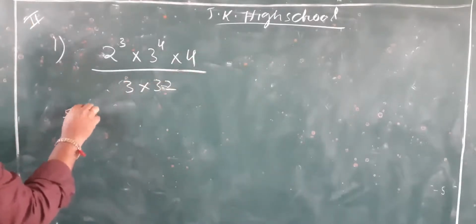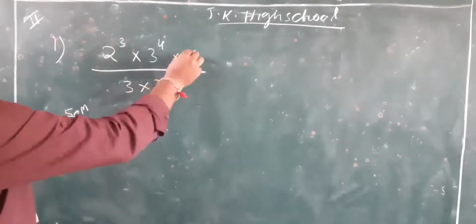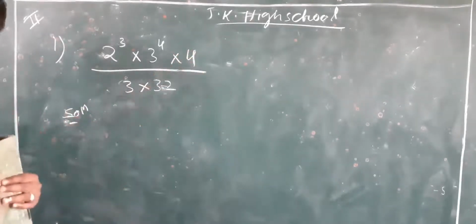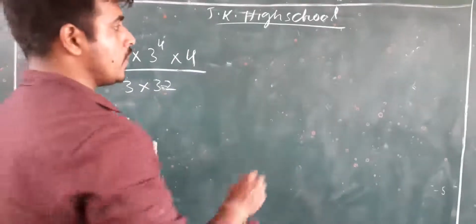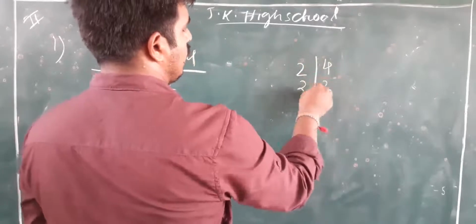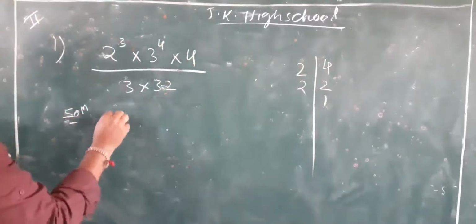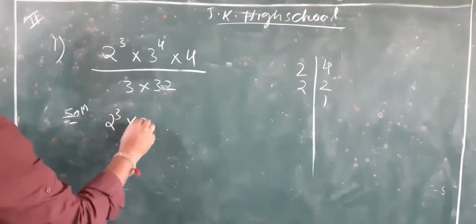Solution. Only two numbers are not in exponential form, that is 4 and 32. First you convert these numbers into exponential form. 4 by prime factorization: 2 2s are 4, 2 1s are 2. Therefore I can write 4 as 2 square. Remaining as it is.